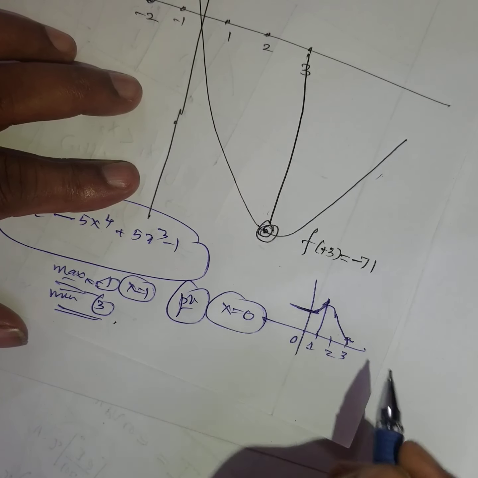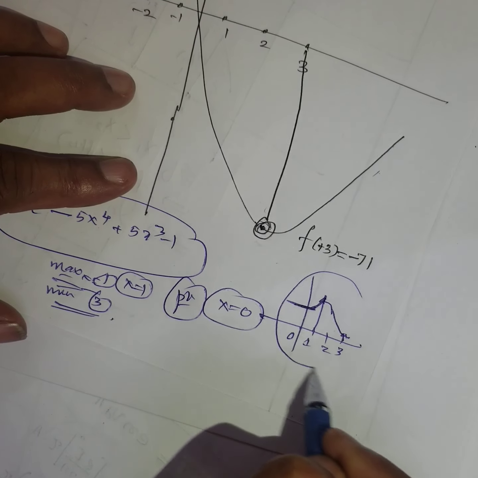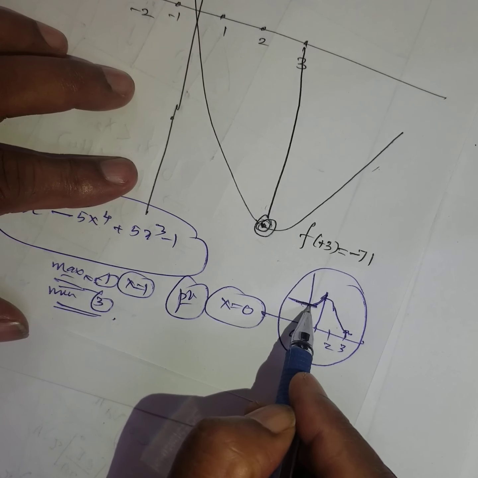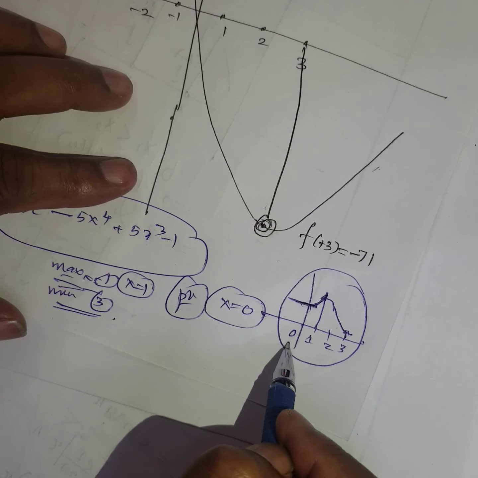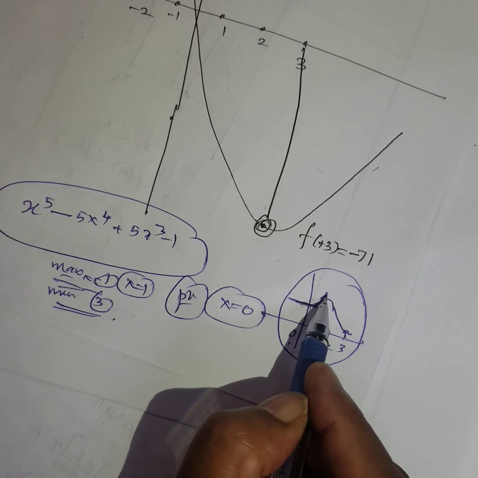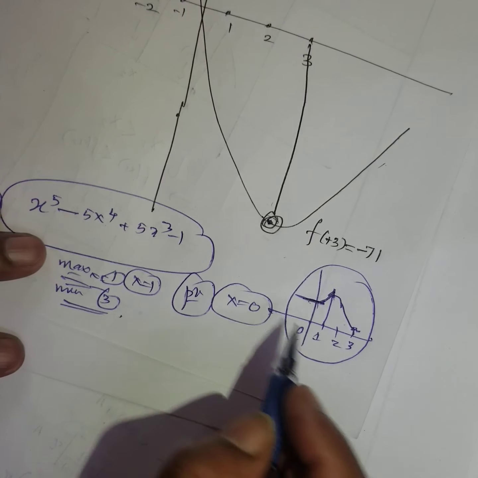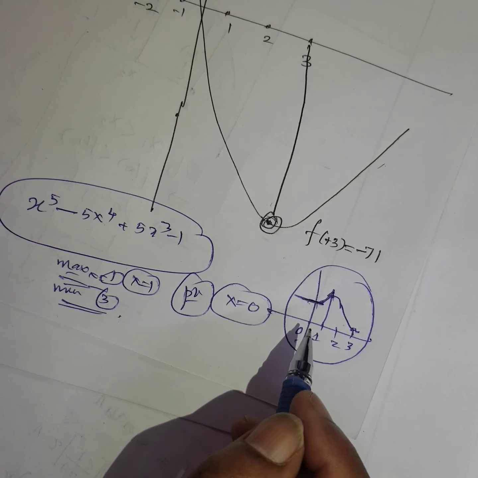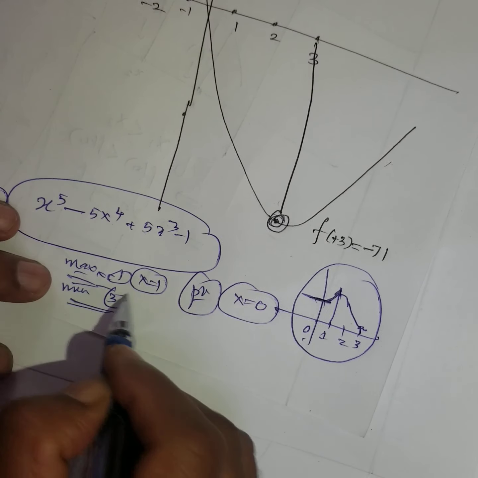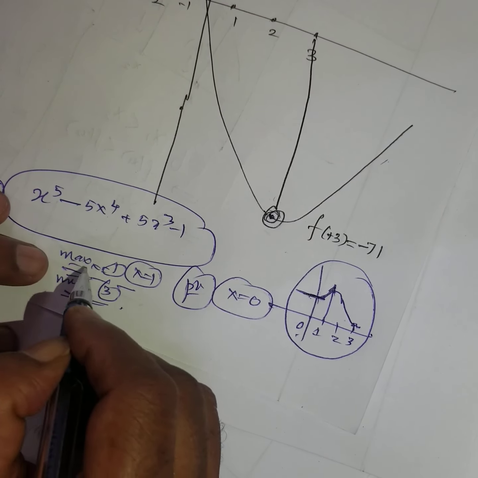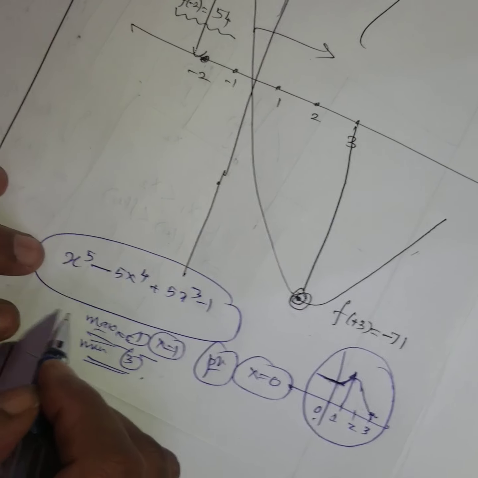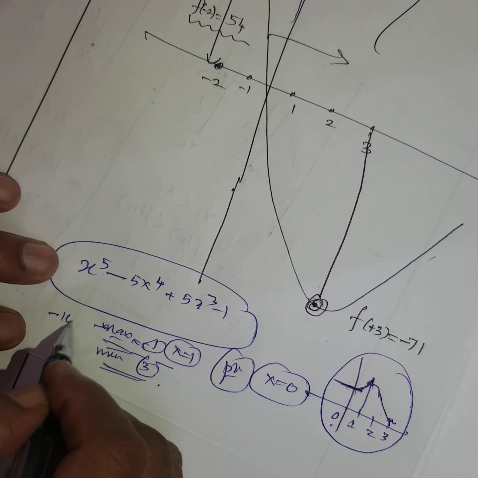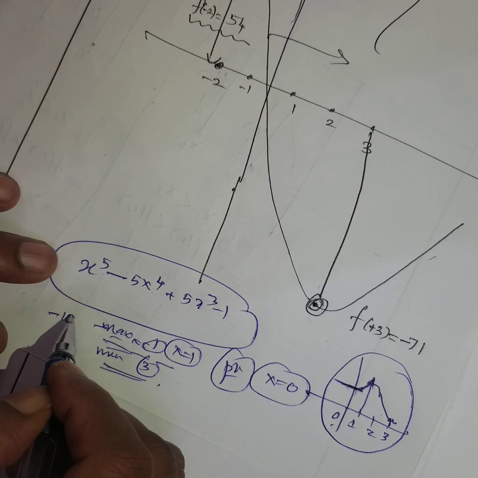It will be flat. Notice, no? This is a picture of a point of inflection. It is neither maximum nor minimum at x equal to 0. Therefore, they may ask you, please try this one using the same method. What is the maximum value you are getting? Minus 10.